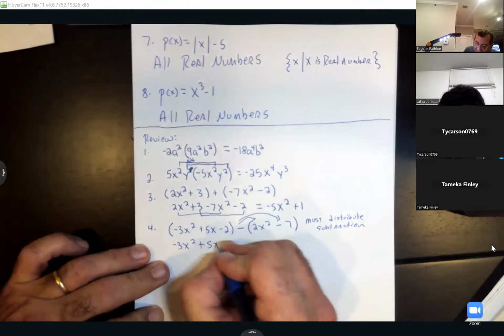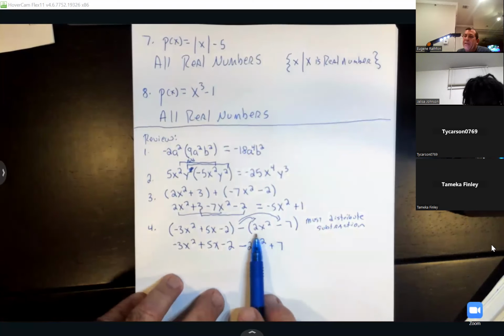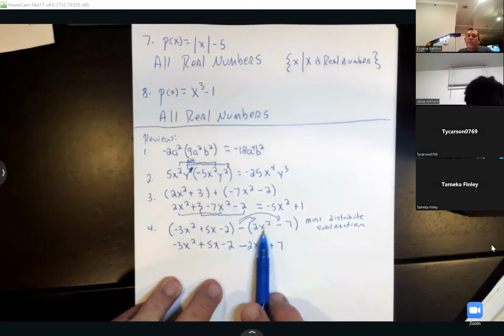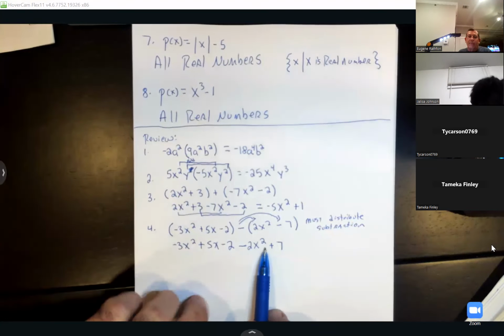And then you bring down your 2x squared. But y'all, let me ask you this. What's going to happen when I subtract a negative 7? Positive. There you go. Because that negative times negative will make the 7 positive. So when you subtract, everything in the second parentheses will change signs when they come out.